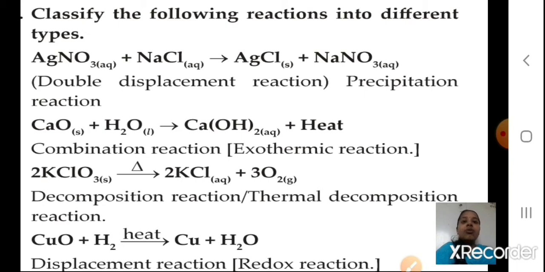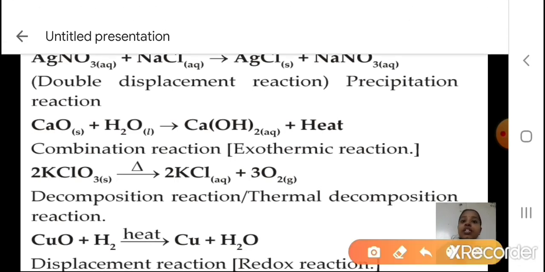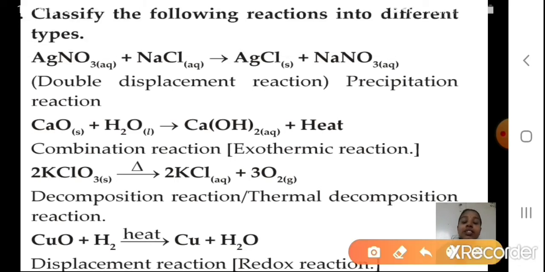What type of reaction is this? It is a double displacement reaction, or you can also call it a precipitation reaction. Which is the precipitate here, students? Guess. AgCl, right? Silver chloride precipitates out and NaNO3, sodium nitrate, is formed.